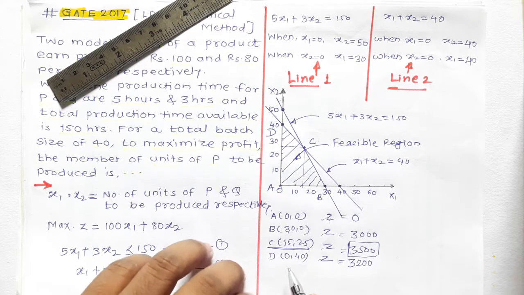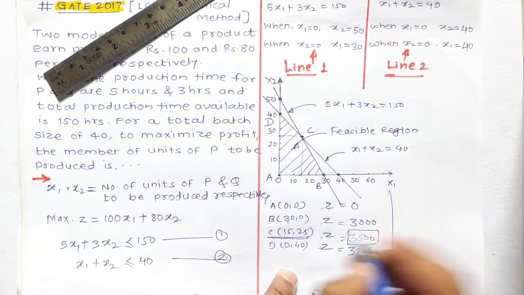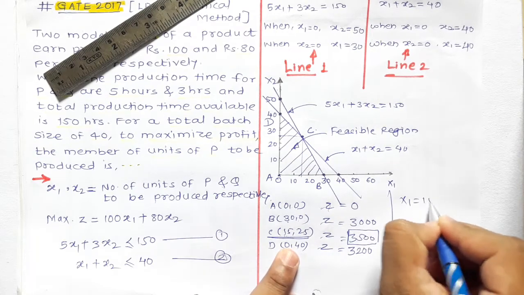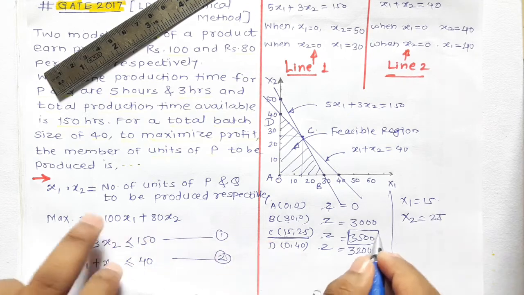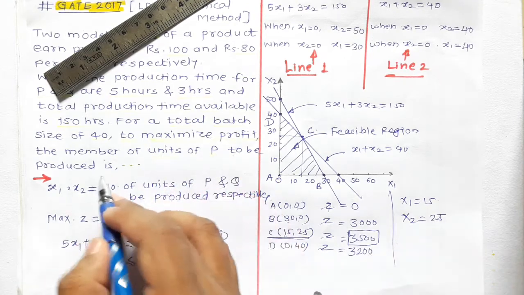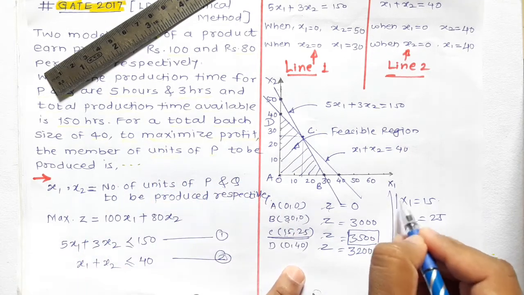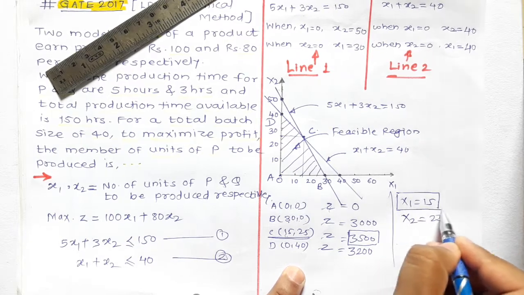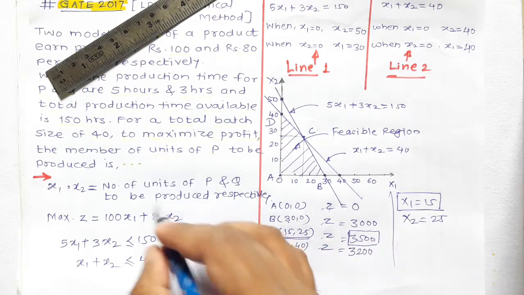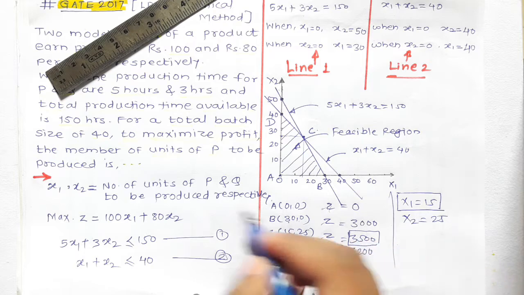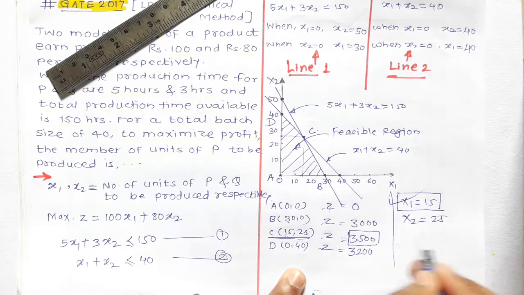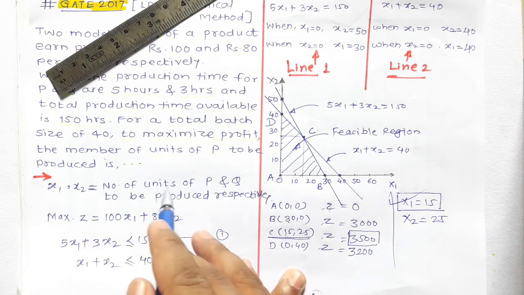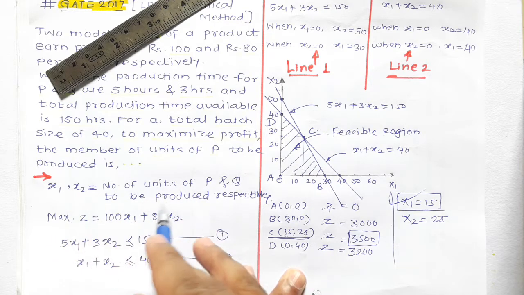So here x1 is equal to 15 and x2 is equal to 25, and we have to find out the units of p to be produced. So we write the answer: x1 is the units of p. Our answer is that units of p to be produced is 15, because x1 we have assumed as the number of units of p to be produced.